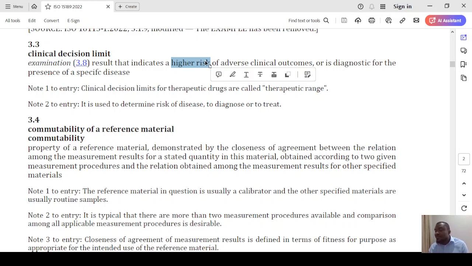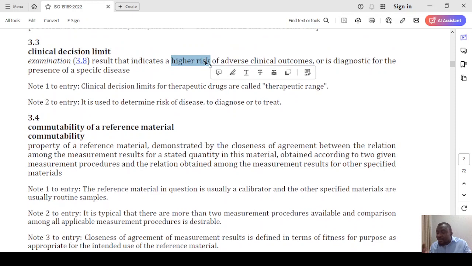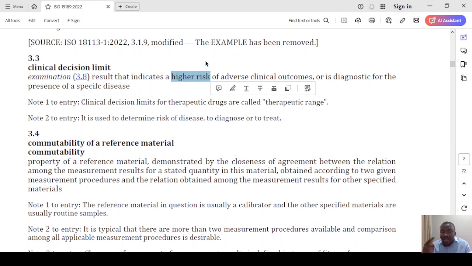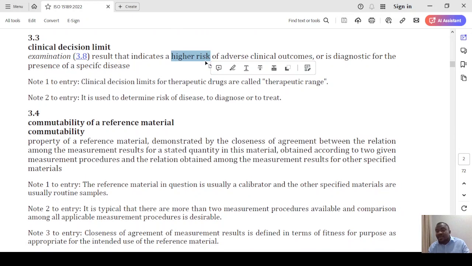For example, they might have to infuse you, and yet if you had not reached that critical point, maybe they would have told you, please change your diet, or get some supplements for hemoglobin. So depending on the condition, they would manage appropriately. So always remember, clinical decision limits are that point of a result that reflects a higher risk of adverse clinical outcomes.